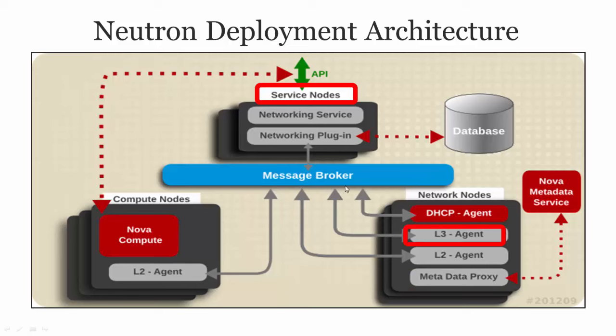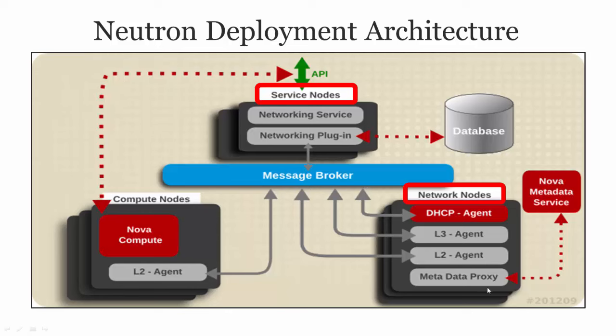the message broker service. So the networking node is needed to provide the DHCP agent, L3 agent, L2 agent, and metadata proxy, and these network services must be connected to the service node or the compute node through the message broker.